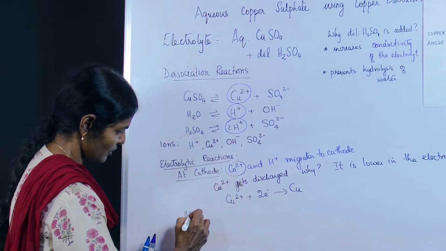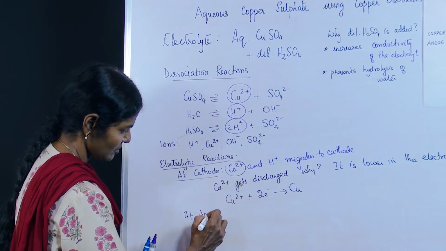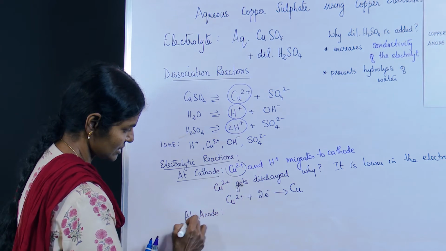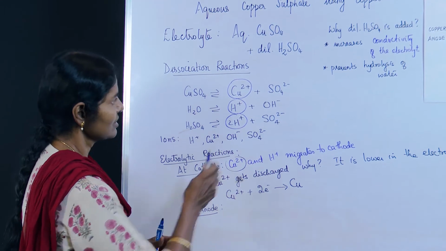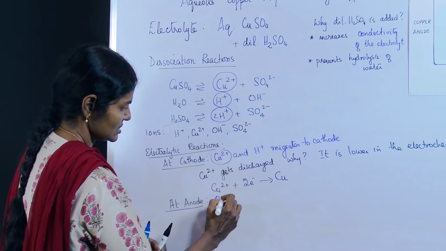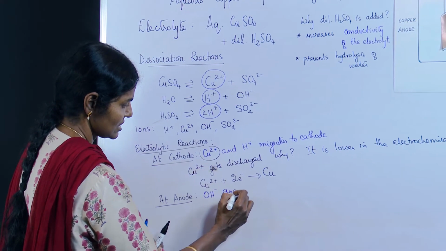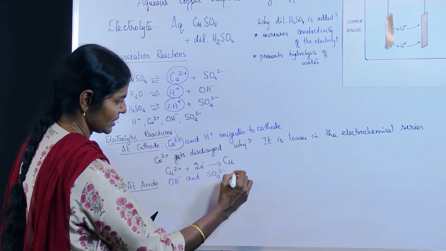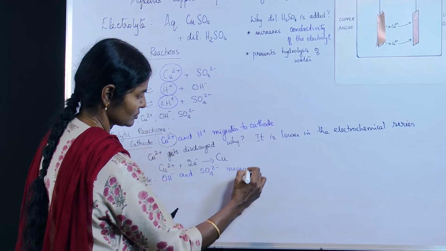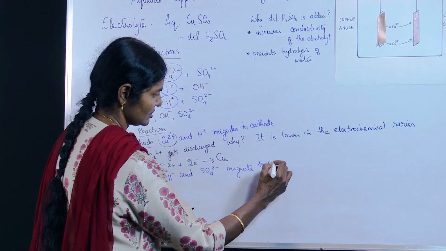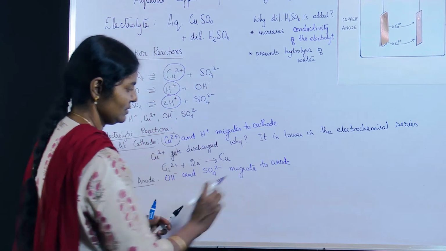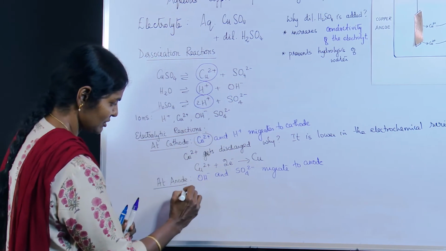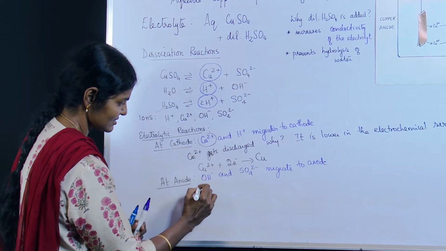Now, let us move on to the anode. What are the ions that are migrating there? There are two things, OH minus and SO4 2 minus, that migrate to the anode. At this point, we should remember none of them will be discharged.